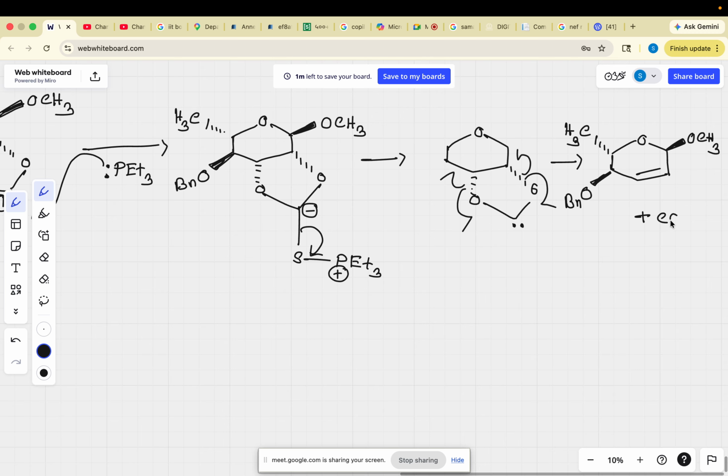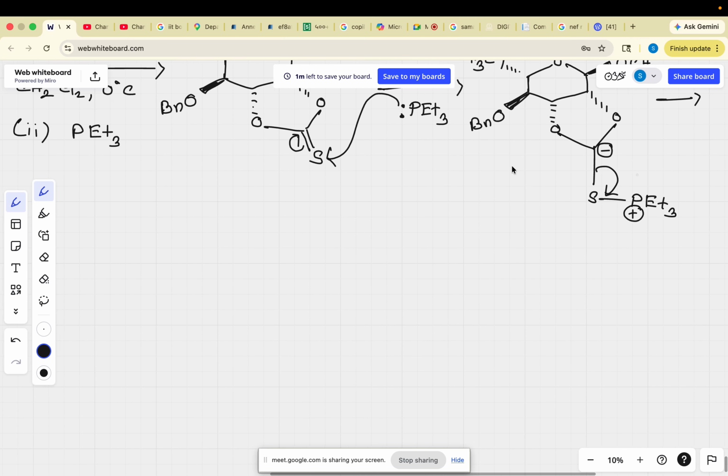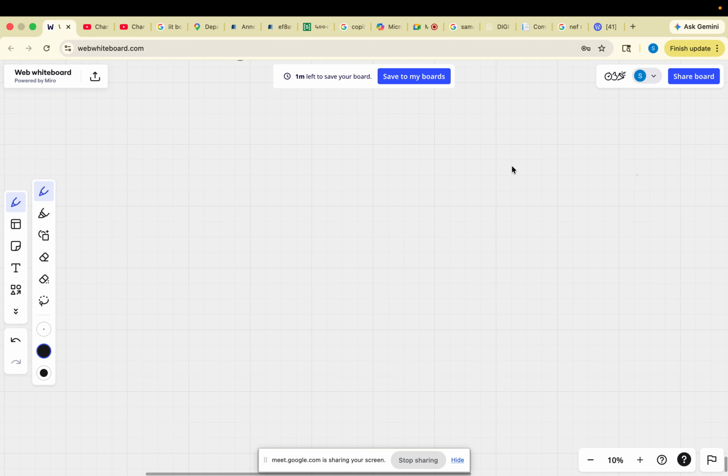If you release the CO2 gas, automatically an alkene compound will form. Okay, done. Try to do this one. Phenyl, then suppose you have phenyl here also.